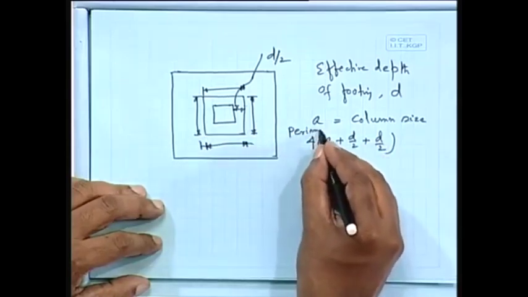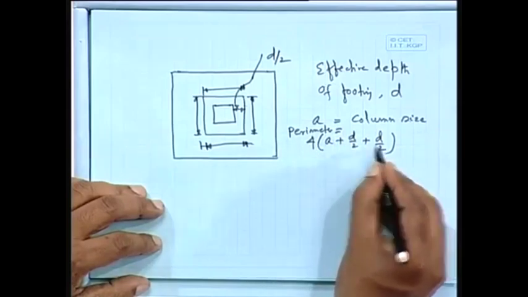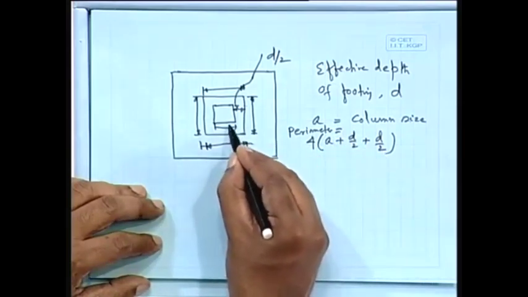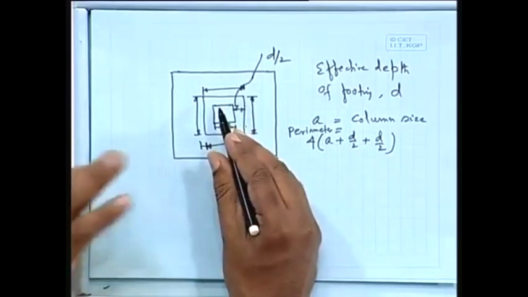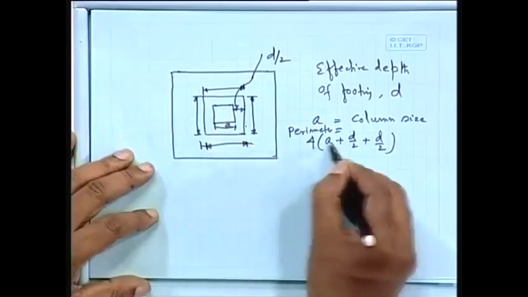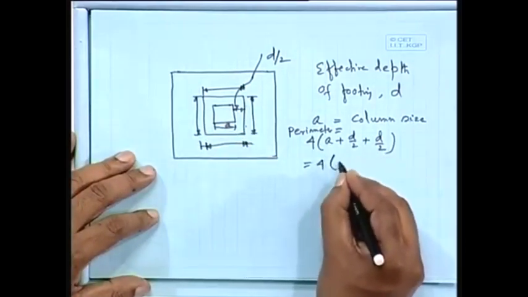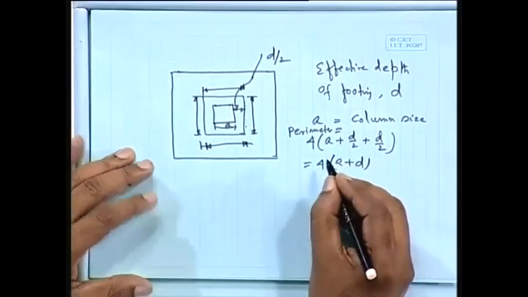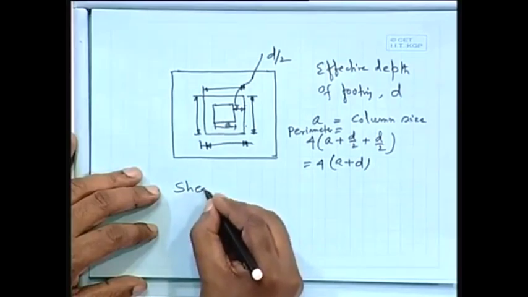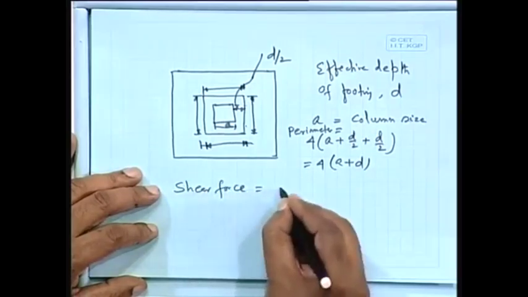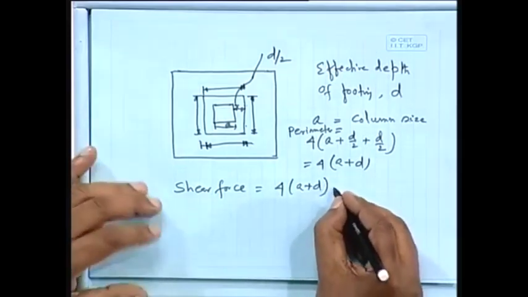Perimeter equals 4 times A plus D by 2 plus D by 2, because this is the A and D by 2 this side, D by 2 this side, and 4 times, if it is square. So, we shall get the perimeter, which comes as 4 times A plus D. What about the shear force? The shear force will be equal to 4 times A plus D times the depth D.